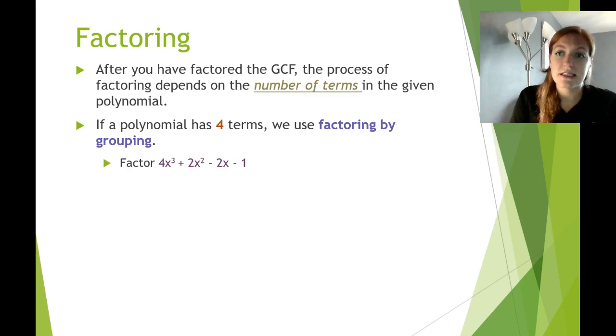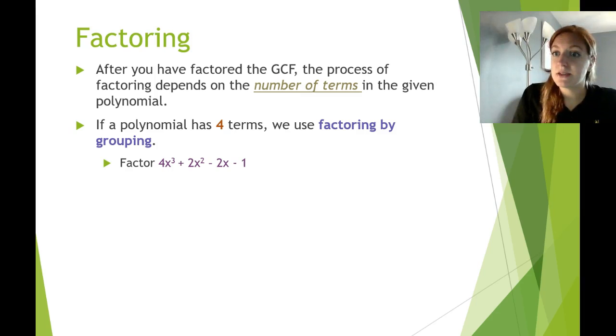As we look at this, you can see the coefficients are 4, 2, 2, and 1. There's no greatest common factor that's going to divide all of these terms. And not every single term has a variable, so we can't factor those out. So we don't have to worry about factoring the GCF. Yay! Instead, we can just worry about factoring by grouping.